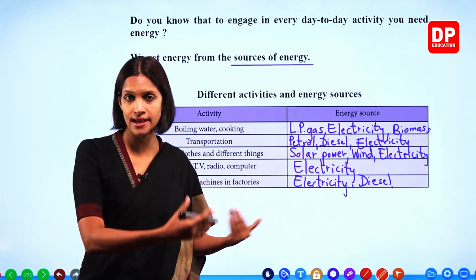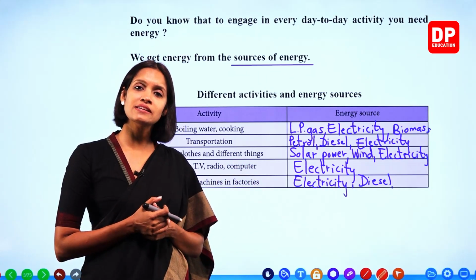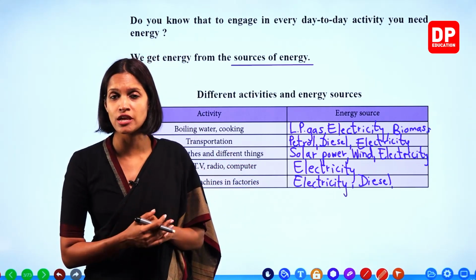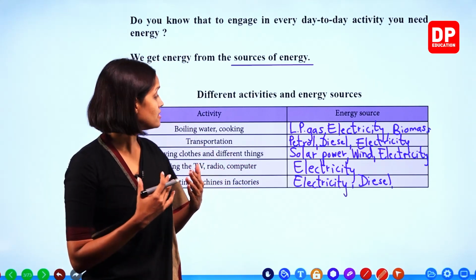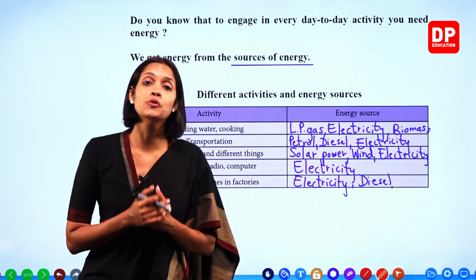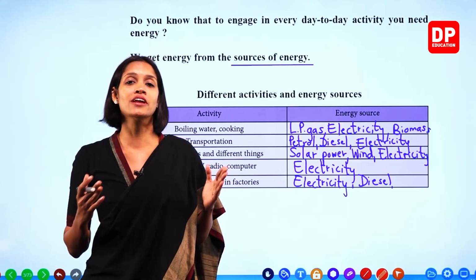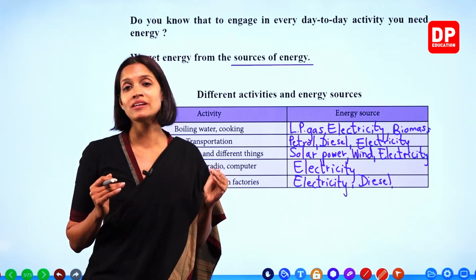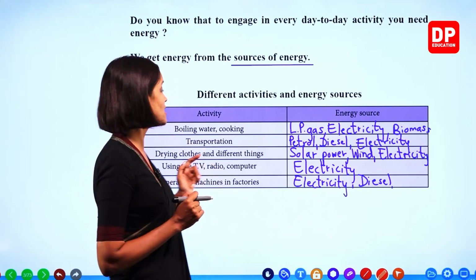It's always there. So depending on this time taken to produce them, we can divide these energy sources into two main groups. Those are renewable and non-renewable energy sources. So now we are going to learn about renewable and non-renewable energy sources, right?